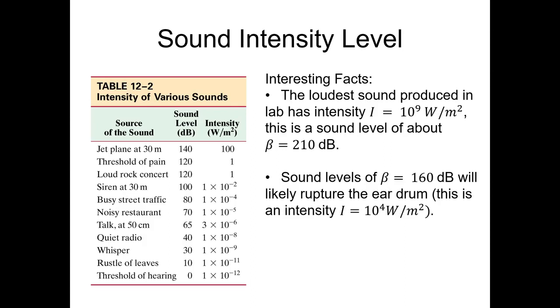Not a very convenient scale, at least to the regular person. To the average person, you can't really tell. But when you tell a person the sound level is 10 or 20 or 30 or 50 or 140, a nice scale from, let's say, 0 to 120, the threshold of hearing, they can relate to it. But when you say 100 or 10 to the minus 12, not everyone could relate to it, unless you're taking physics 120, right?